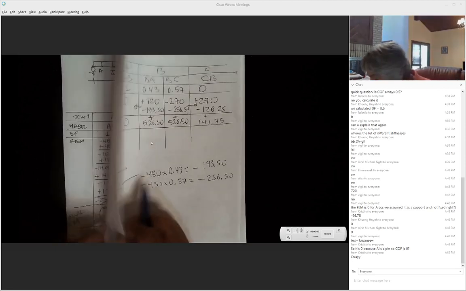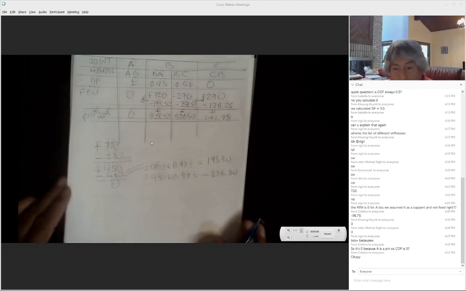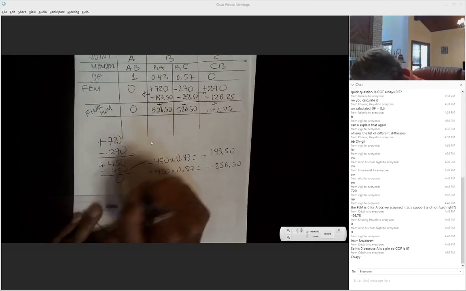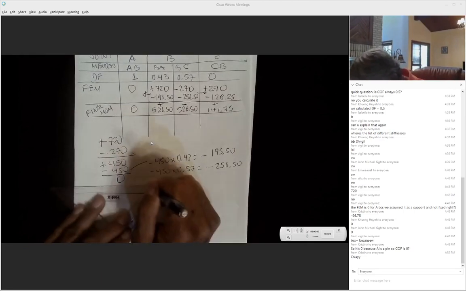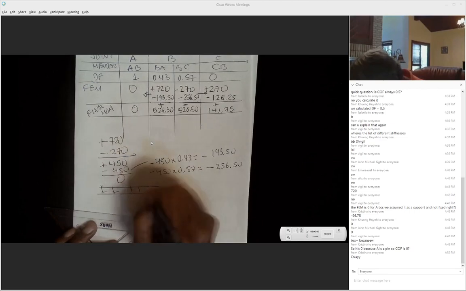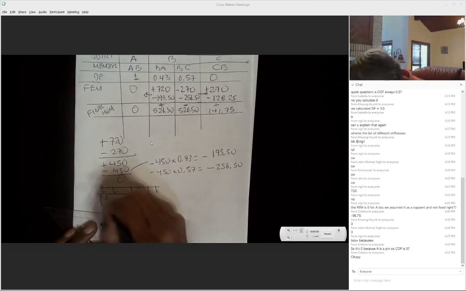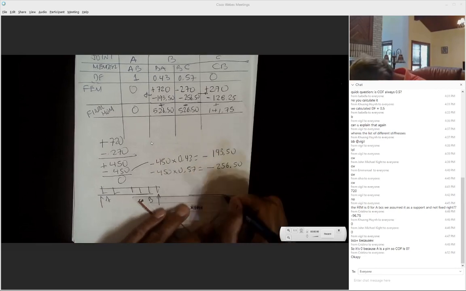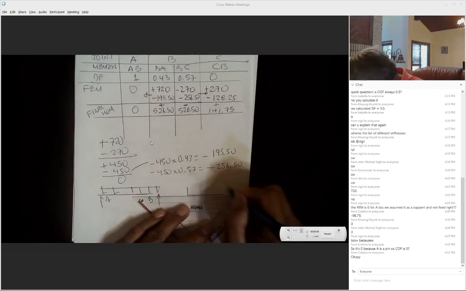So the next step is to do the free body. I'm going to put the first free body. Put the second one.